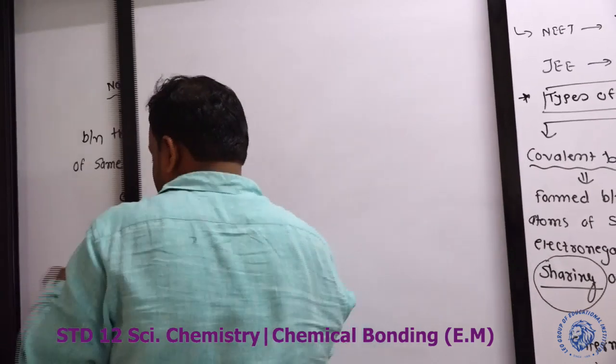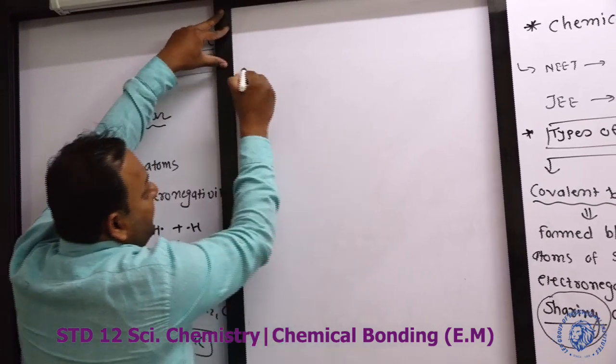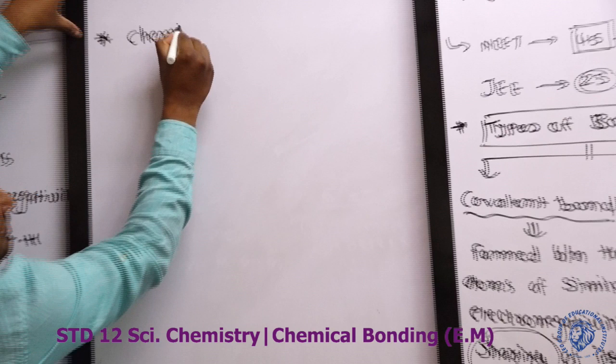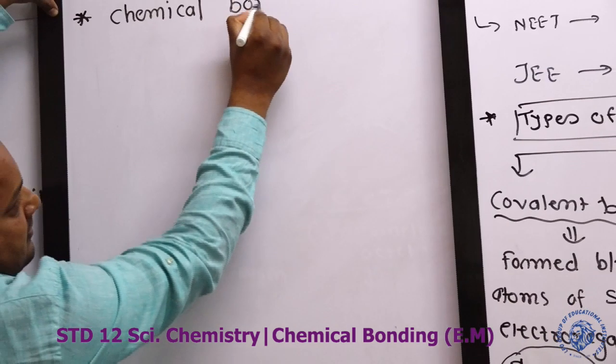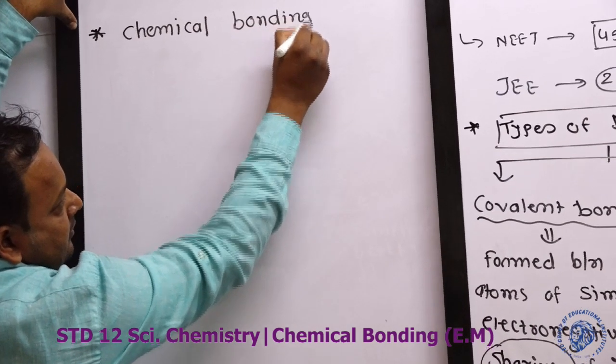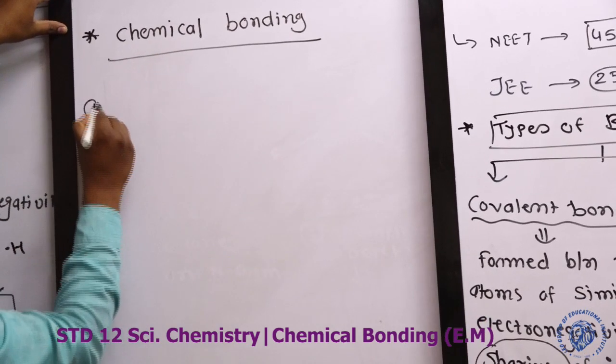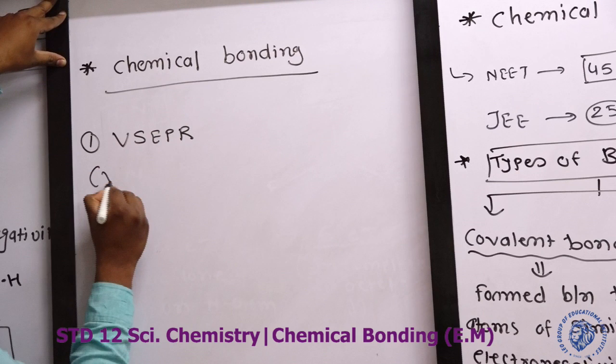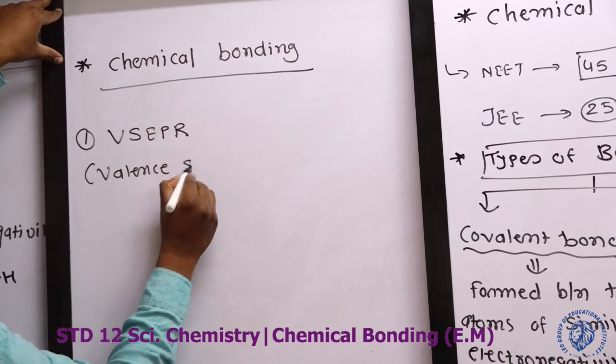Now, in the subject of chemical bonding, tomorrow we will discuss VSEPR theory, valence shell electron pair repulsion theory.